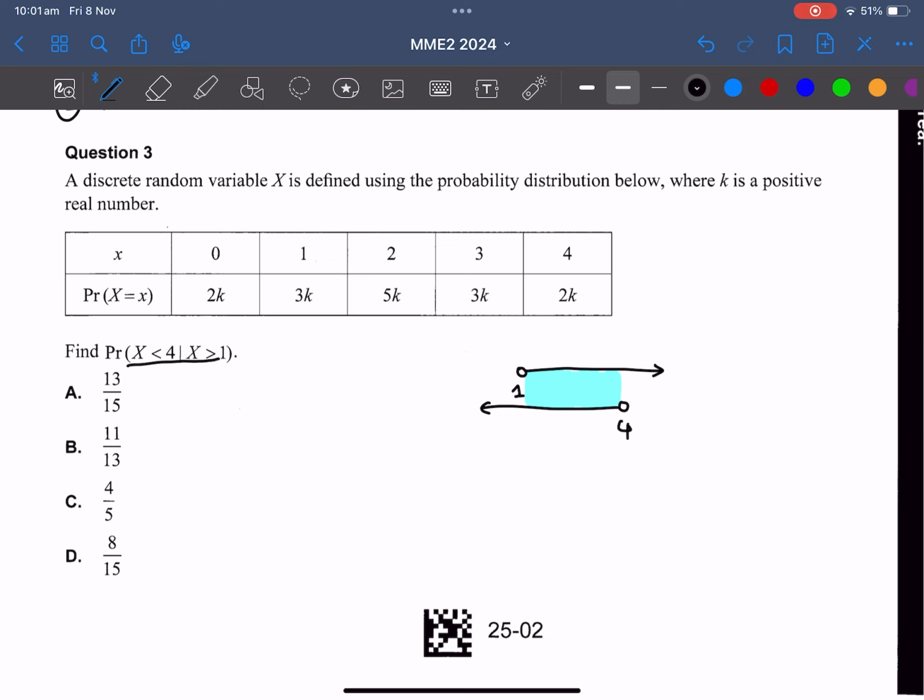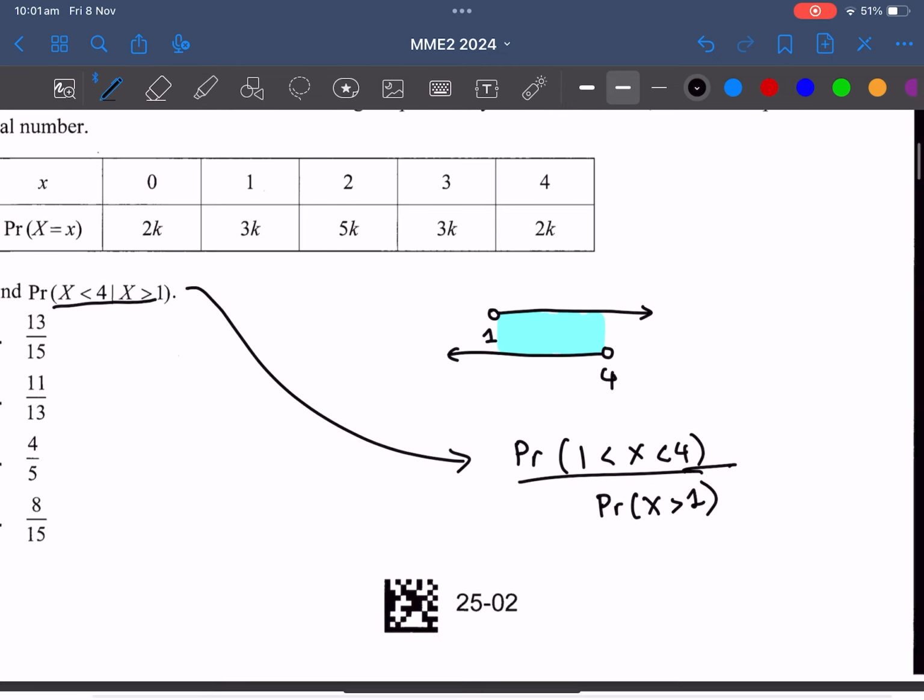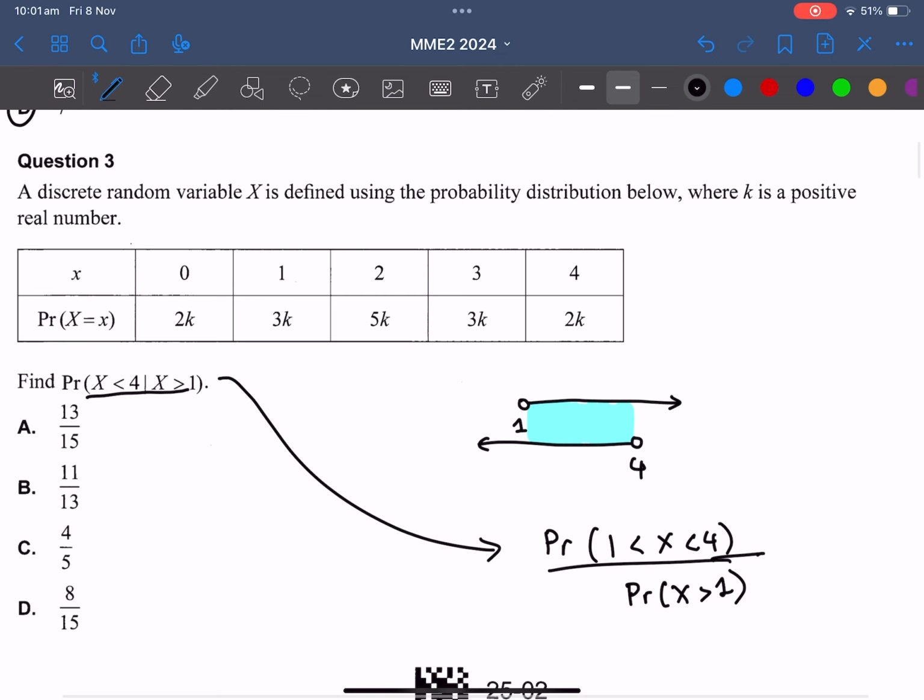So this is equivalent to saying probability that x is between 1 and 4, and probability that x is greater than 1. Okay. So probability that x is between 1 and 4 is simply going to be these two added up together.